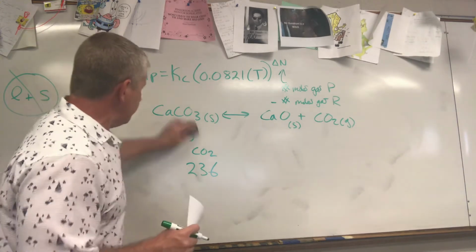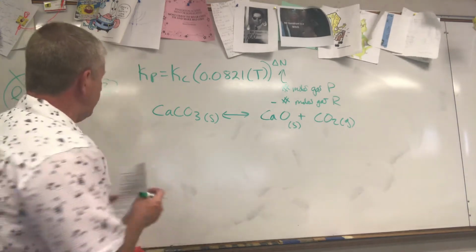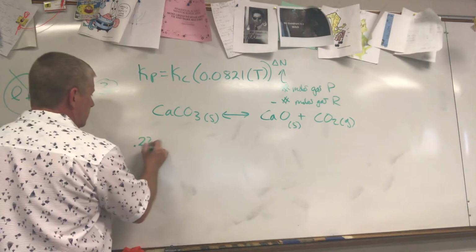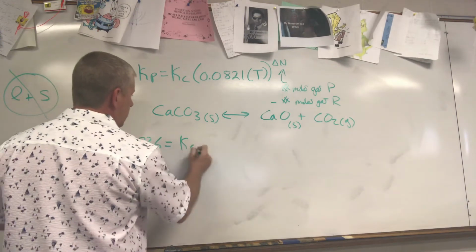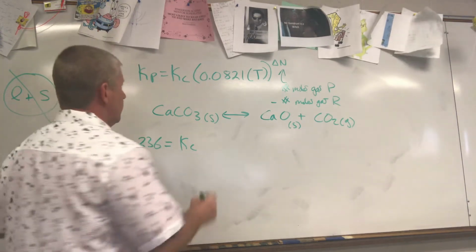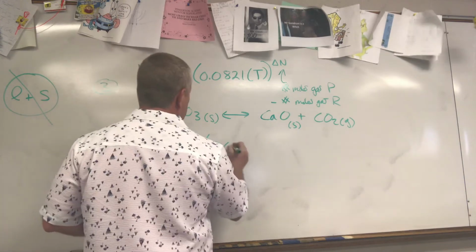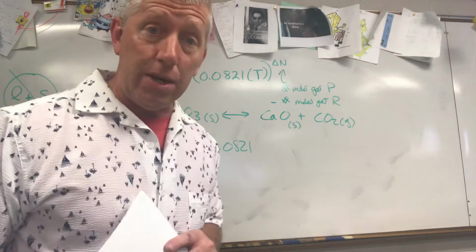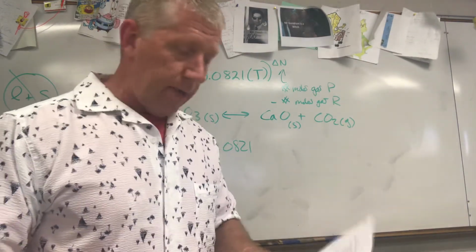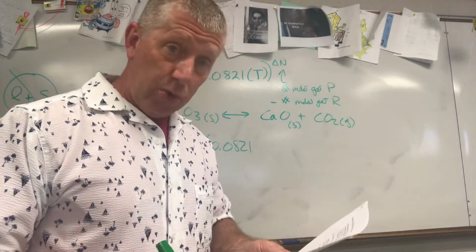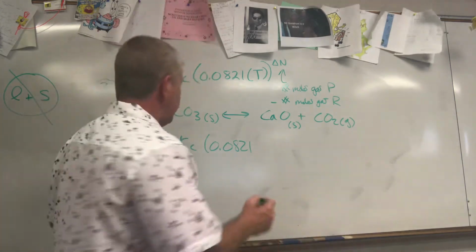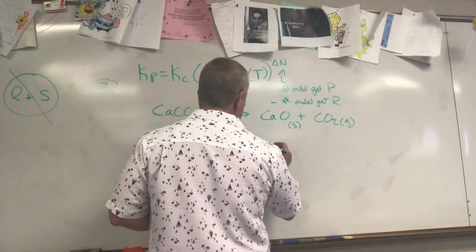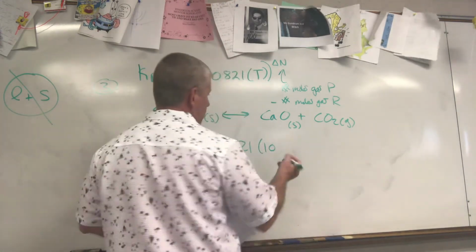Kp is 0.236 equals Kc, what we're trying to figure out, multiplied by 0.0821 times temperature in Kelvin. Remember, we had 273, so we have 800 plus 273, so that's 1,073.